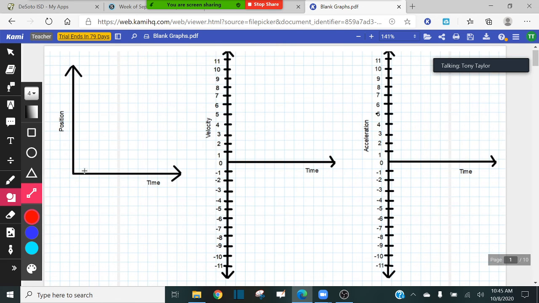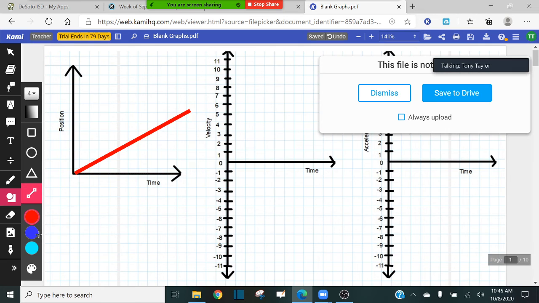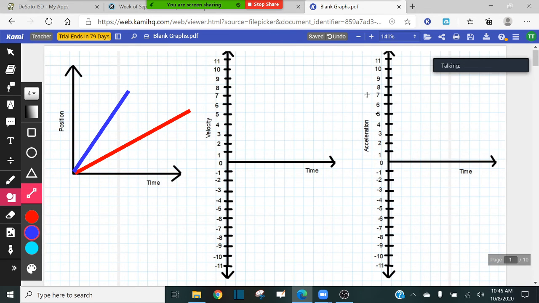And guys, if I give you 2 lines that look like this on a position time graph, a line in red here and a line in blue, so these represent 2 functions. Someone tell me which function, the one in blue or the one in red, represents an object moving at a faster pace. The line in blue or the line in red?